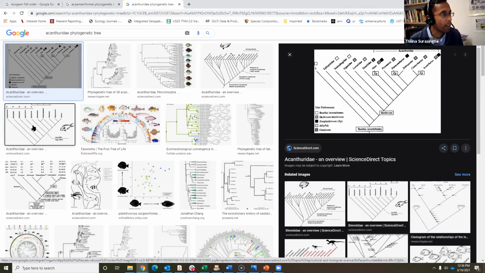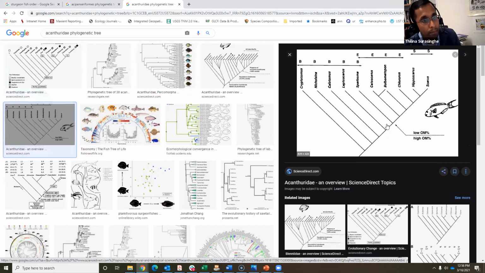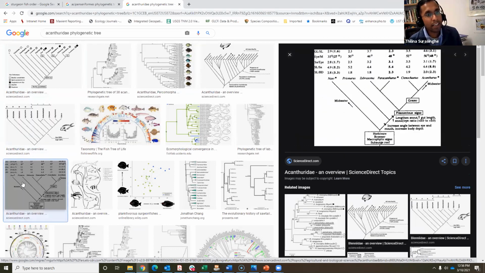And if you keep looking over the examples, you might actually get better phylogenetic trees. So either you can directly look up that particular order's phylogenetic tree, or look up the family's phylogenetic tree. Do both and you will get a good set of answers.